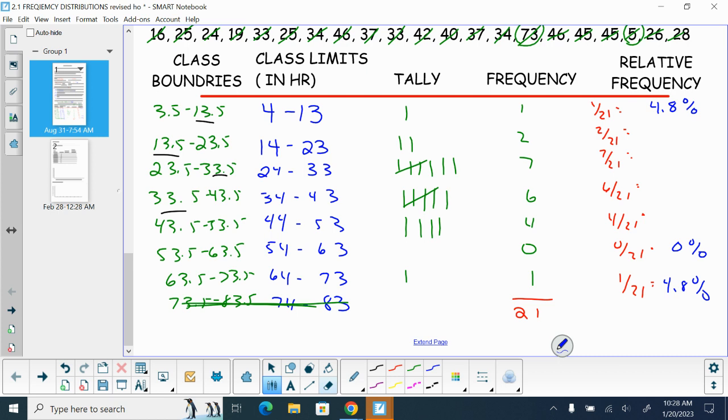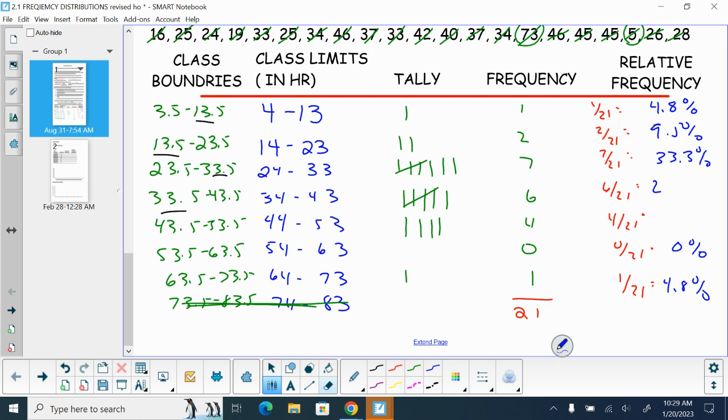Alex Cross, what do you have? The rest of them, just read down your column. 4.8, 9.5, 33, 28 or 29, 19, 4.8. 28, just 20%, no decimal. 29, just round up.